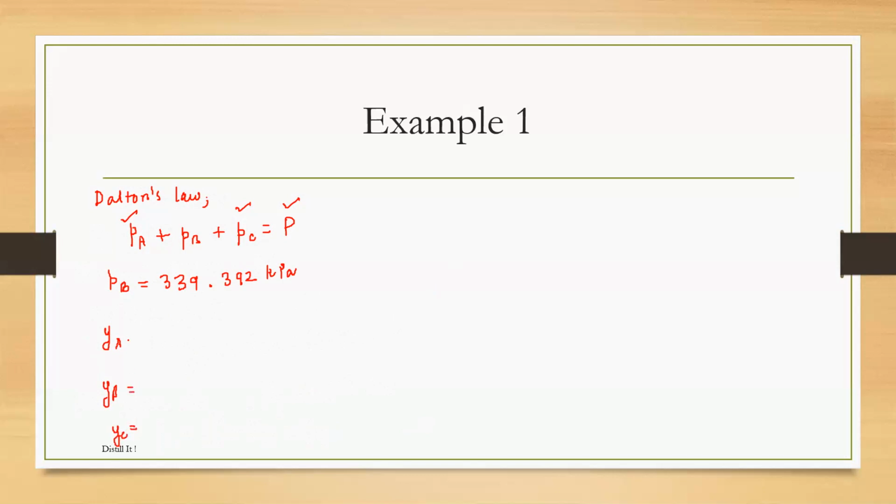Since mole percent is equal to partial pressure percent, YA is the partial pressure of A upon the total pressure, which equals 0.491, already given in the question.